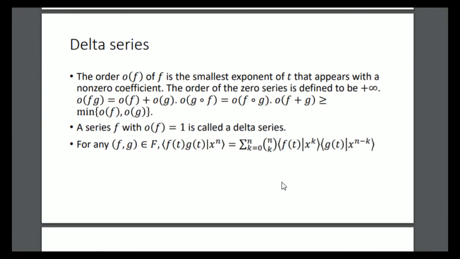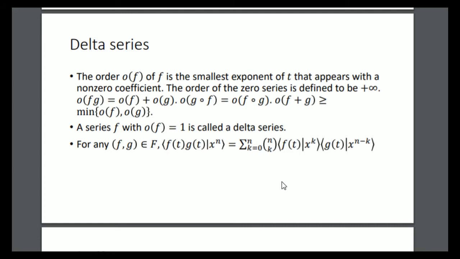So the delta series: we call O of f the smallest exponent of t that appears with a non-zero coefficient. So for example, for the function 1, its first coefficient is of order 0, so O of 1 is just 0. O of t is 1, because it's t to the power of 1.